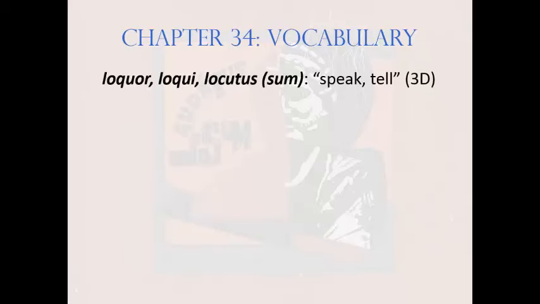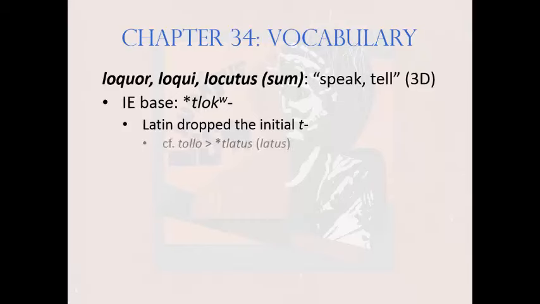Next is another deponent verb, a very important and widely used one, loquor, loqui, locutus sum, meaning speak or tell. It's a third conjugation deponent, built on an Indo-European base, tloqu, meaning speak, from which Latin dropped the initial T, just like it did with tlatus, the original perfect passive participle of tollo, which was later transferred to fero, but English retained the T in tloqu and moved the vowel to the other side of the L to make the word pronounceable, producing, that's right, talk.